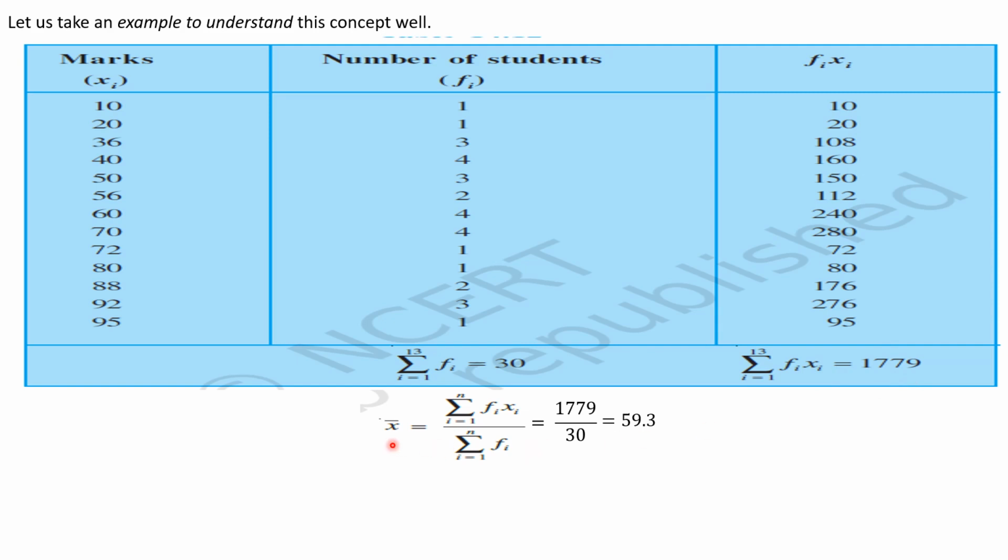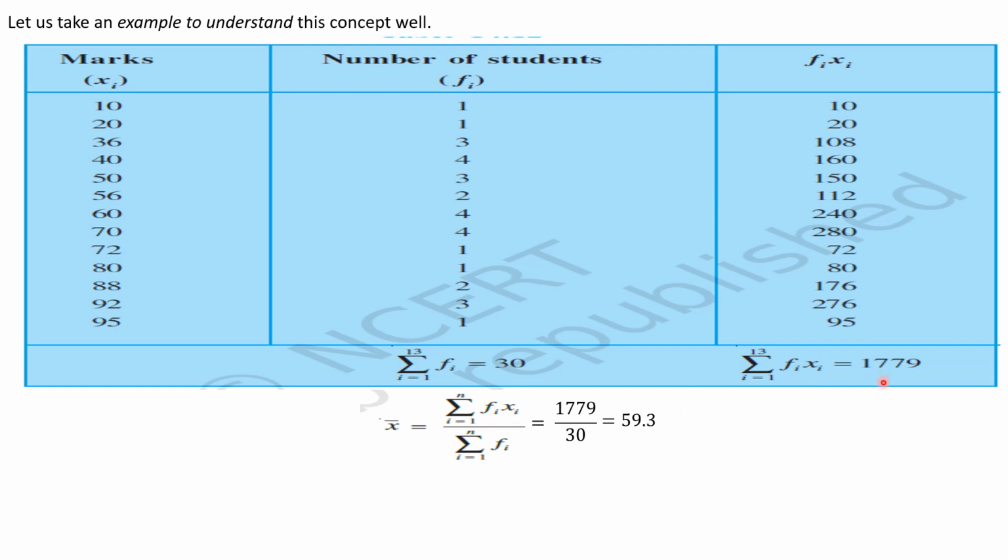Right. Therefore, x bar is equal to, what is the formula for finding the mean of an ungrouped frequency distribution? Yes, sigma i equal to 1 to n fi xi, whole divided by sigma i equal to 1 to n fi. What is the value of sigma fi xi?